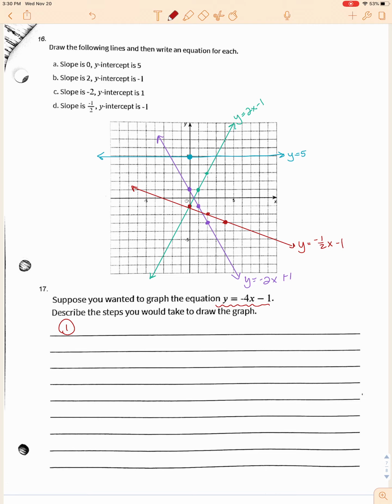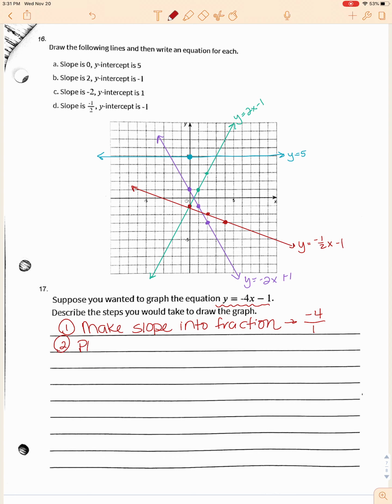All right, so my first step would be make slope into fraction. So I have negative 4. And assume that secret number underneath of any whole number is 1. So negative 4 over 1.